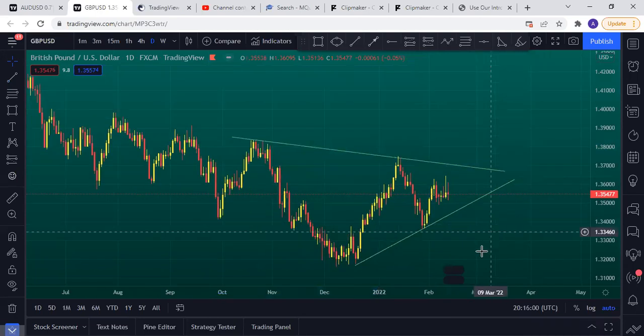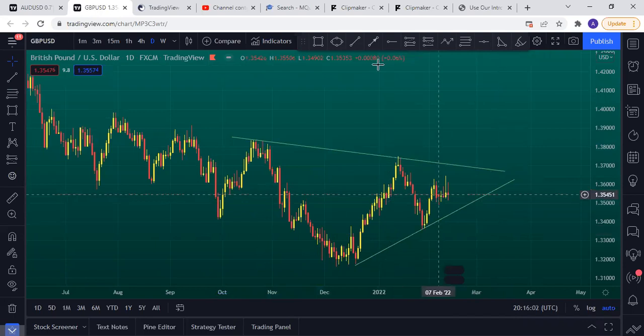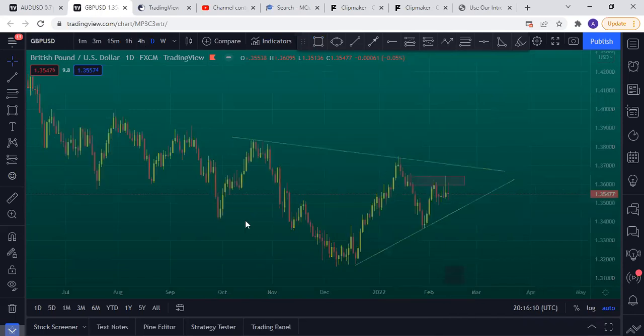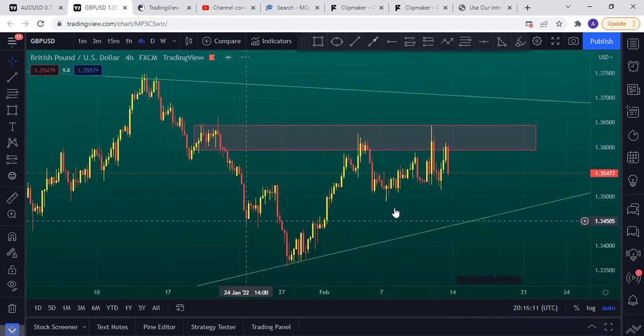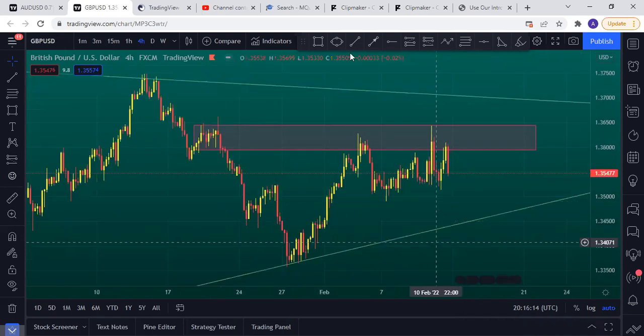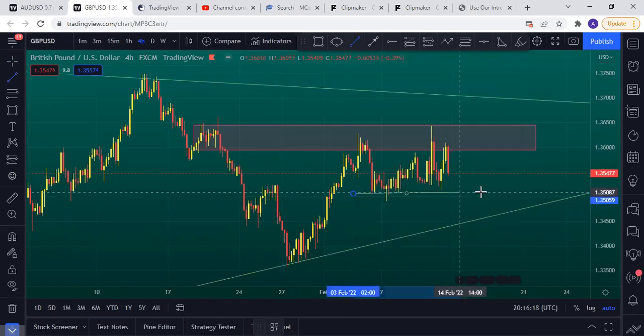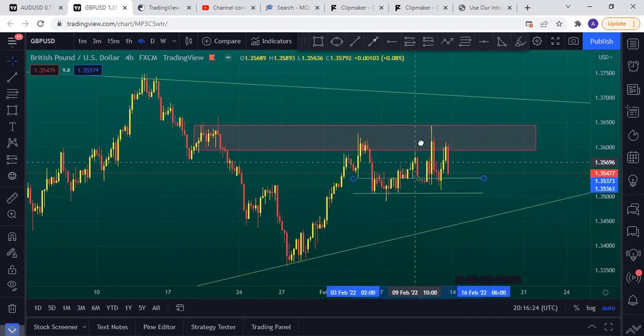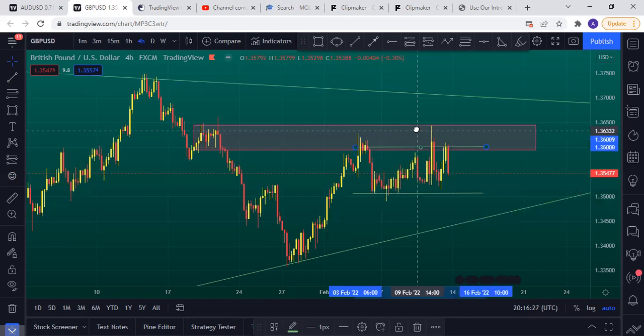All right, let's see. Currently, because for pound the bearish momentum might not really be that strong, we're seeing this current consolidation. So let's go to the 4 hours time frame, GBPUSD. We have a whole lot of consolidation around this area.